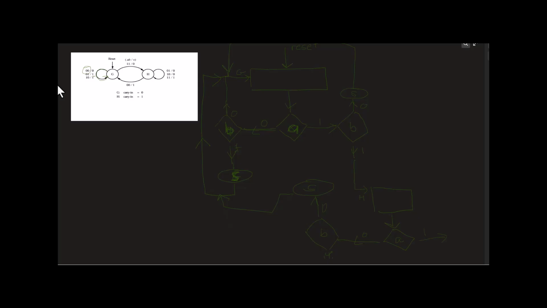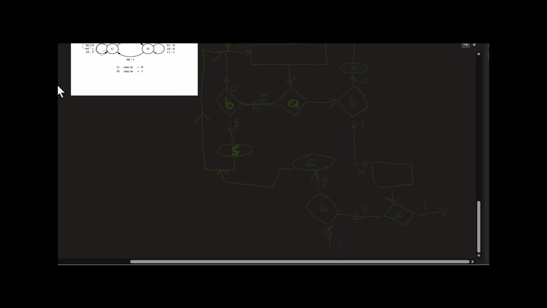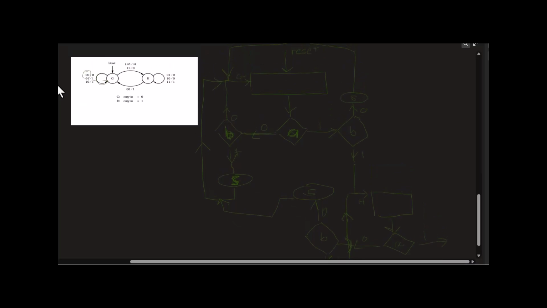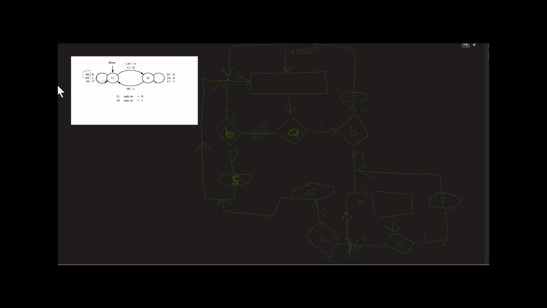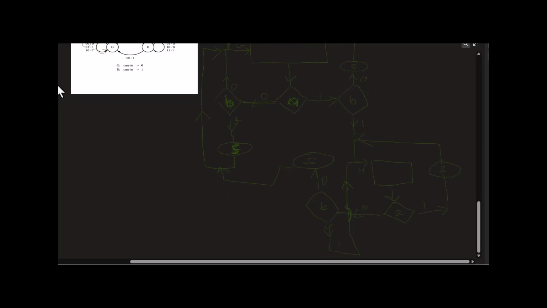If I had a 0, 1, I don't have an output, and I go back to H. If I get a 1, 1, I have an output of 1, and I go back to H. And if I have a 1, 0, oh wait, I messed that up.